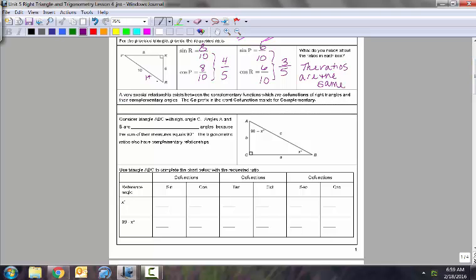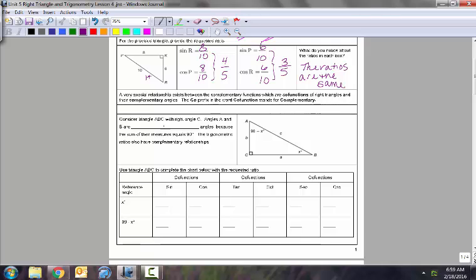This is because a very special relationship exists between the complementary functions, which are called cofunctions, sine and cosine, of right triangles and their complementary angles. The co prefix in the word cofunction stands for complementary.